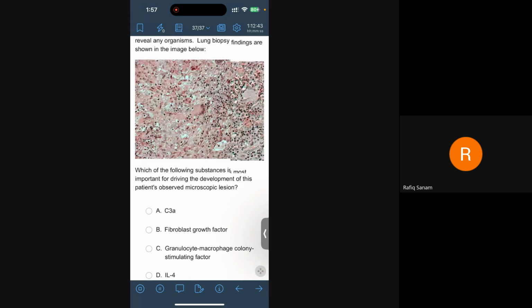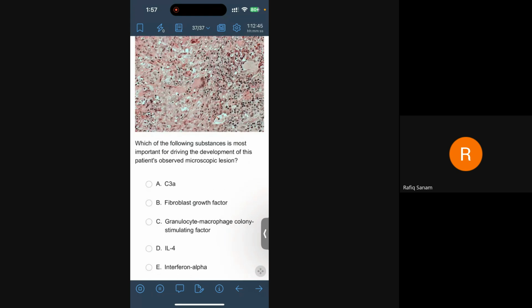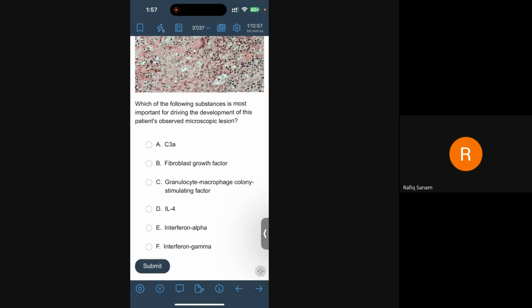Which cytokine is involved in TB? Interferon gamma, yes, IGRA, interferon gamma.